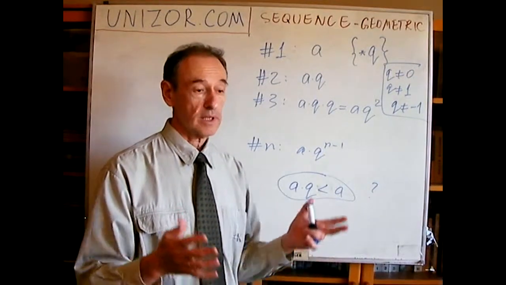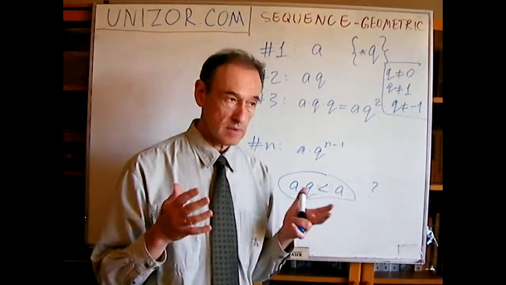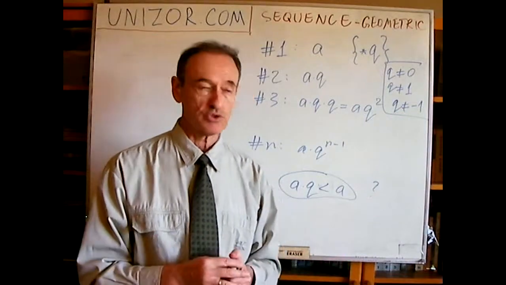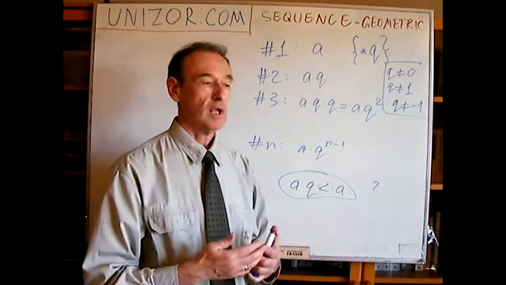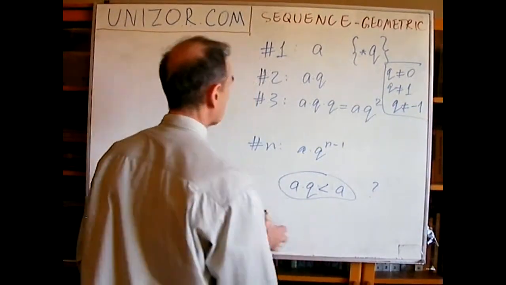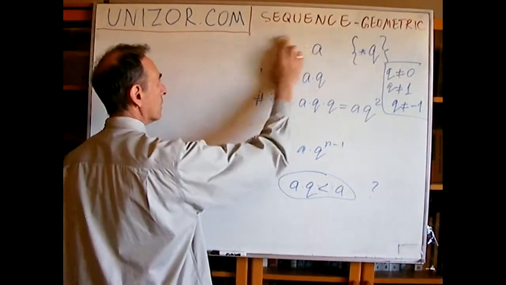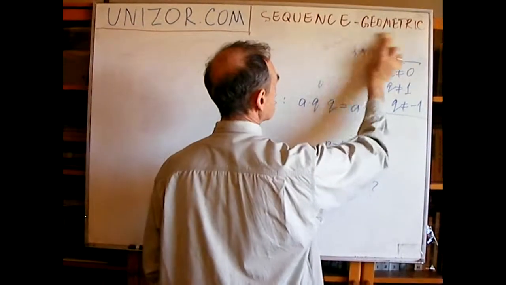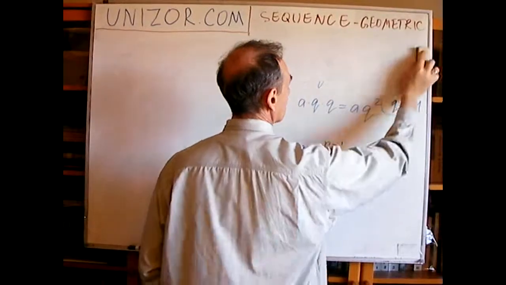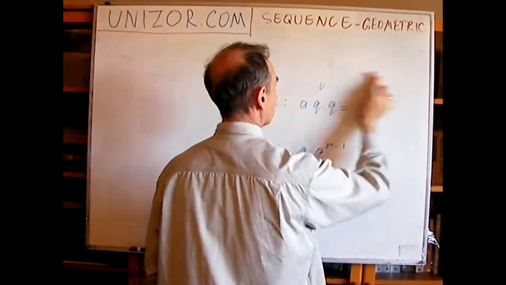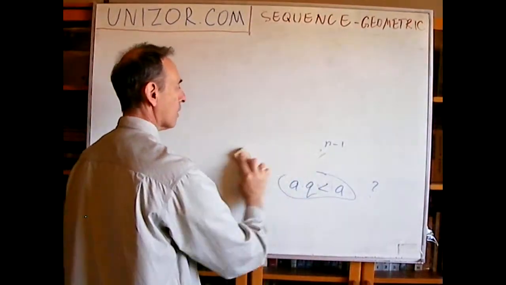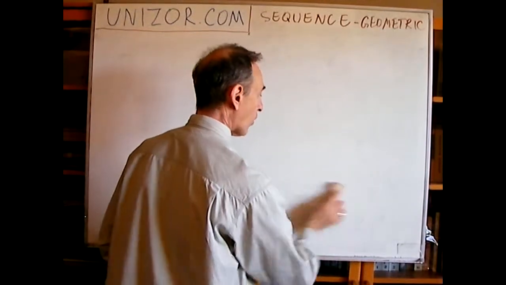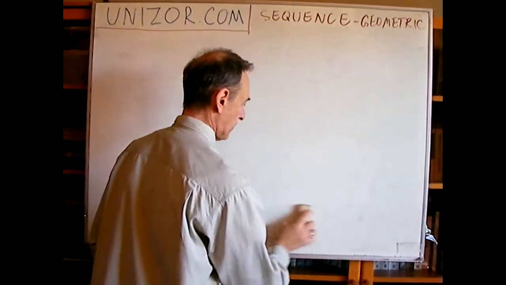So this is the property which I would like to talk about and quantify. We would like to find out when exactly, same as we did for arithmetic progression, we will become greater than any number or smaller than any number.